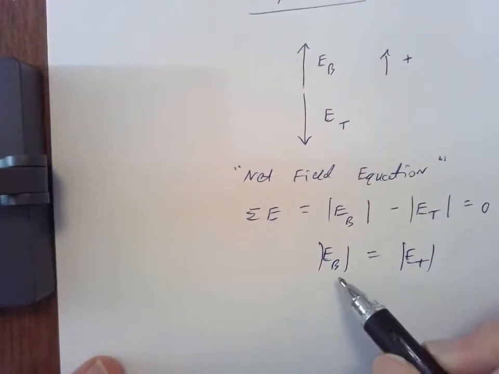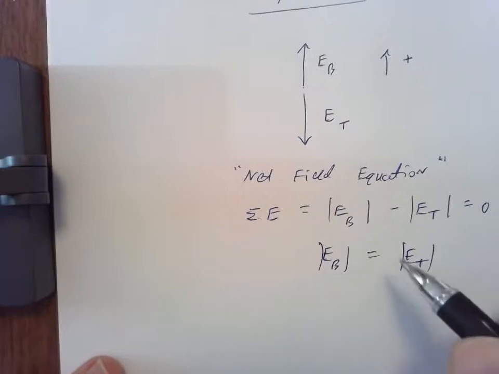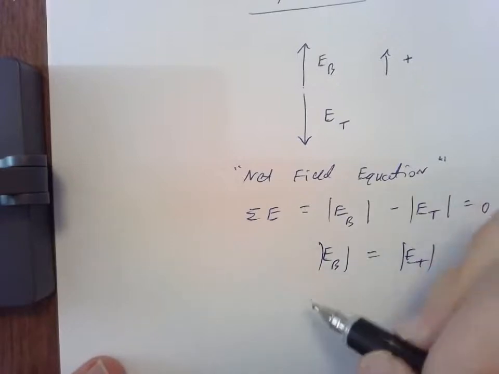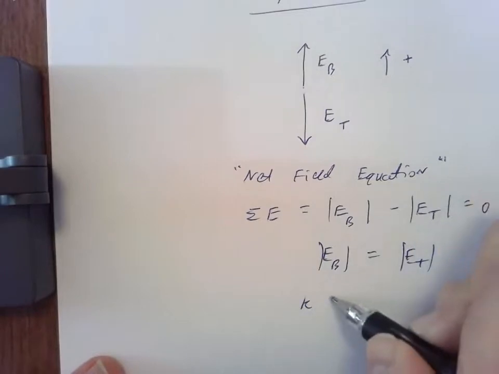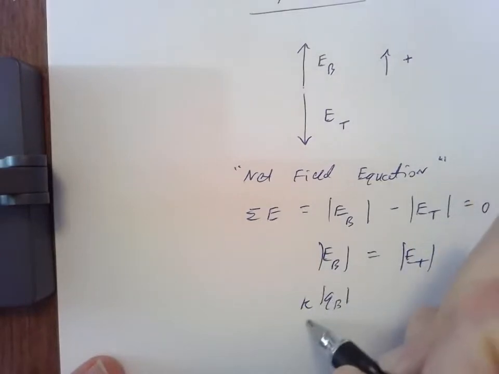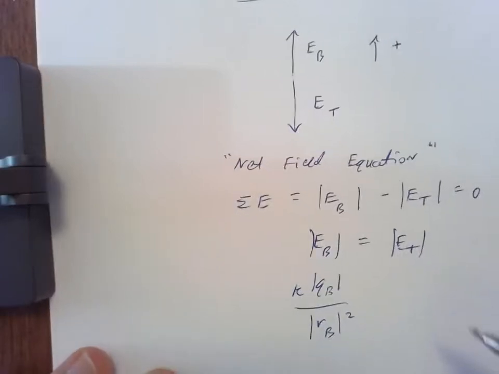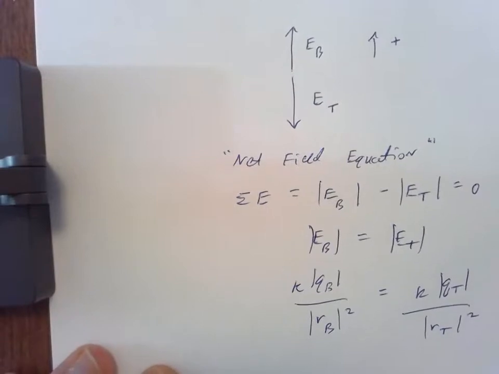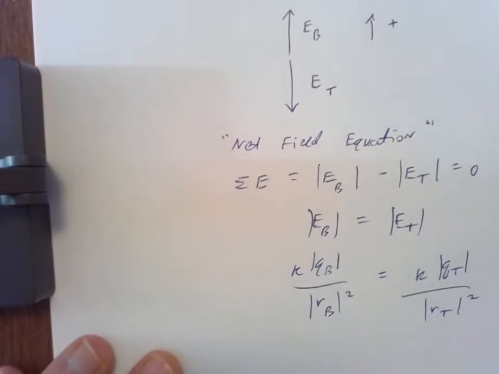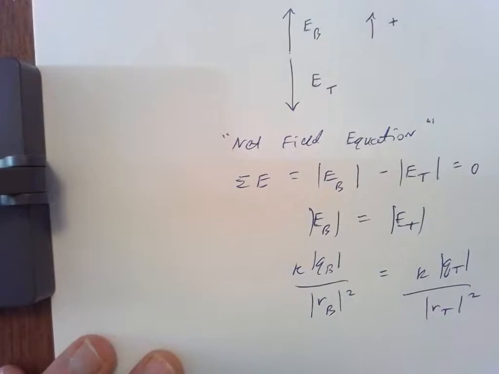And because these are point charges, bottom and top, we get to use the Coulomb's law electric field formula, K Q bottom magnitude over R from the bottom squared must equal K Q of the top magnitude over R from the top squared. So from this net field equation, we actually know these distances because we measured them.